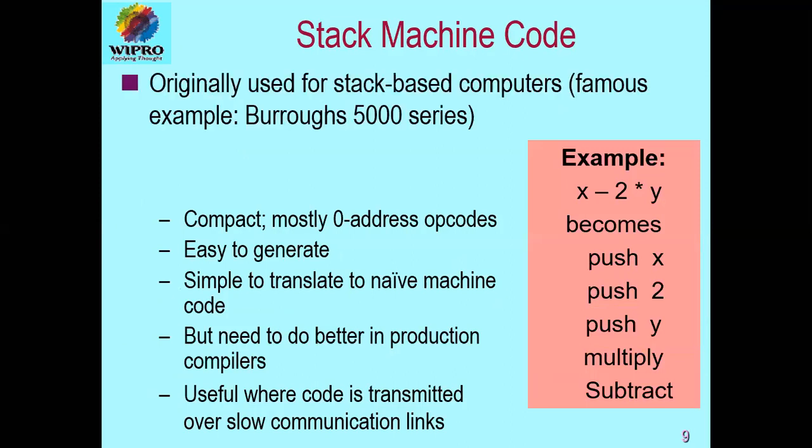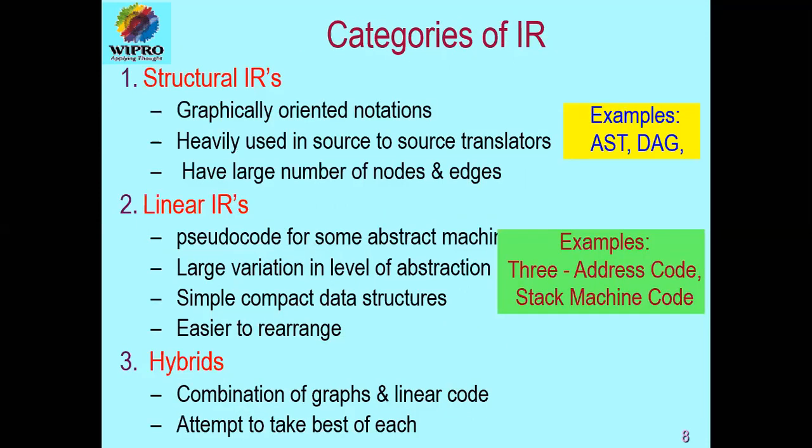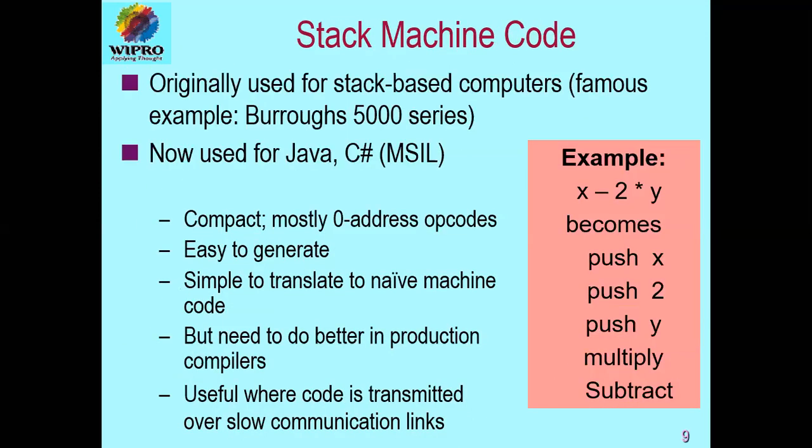Okay. We shall see the stack machine code first, and then we're going to see the three address code. Yeah, stack machine code we shall see, and then we go for three address code representation. For the stack machine, see there we have an example x minus 2 into y. This is similar to our infix to postfix representation or expression evaluation.